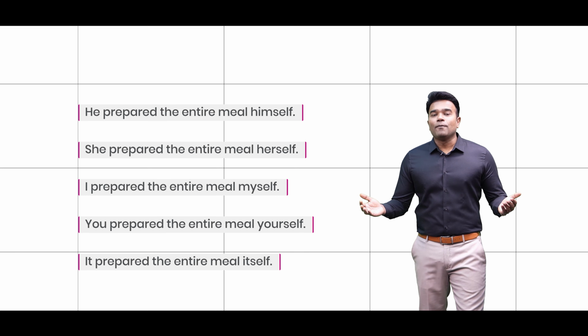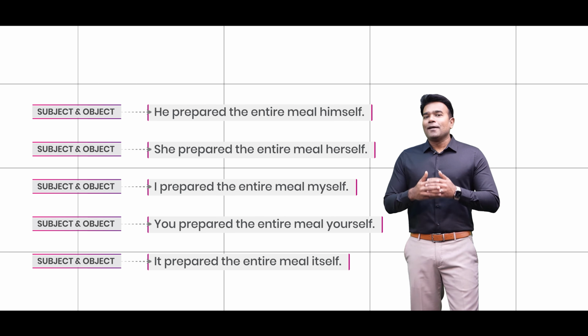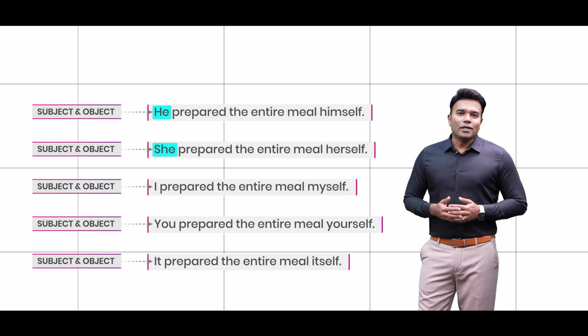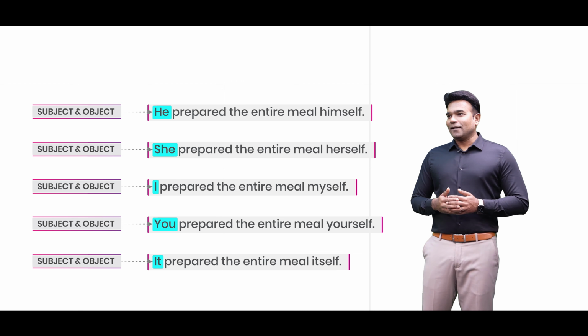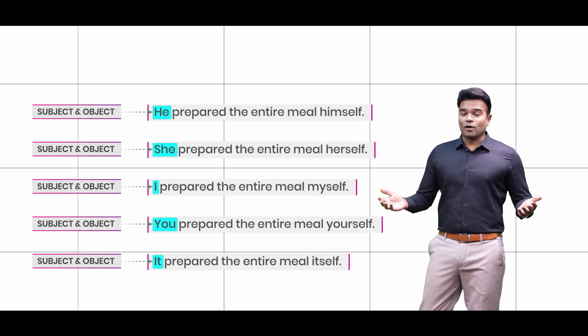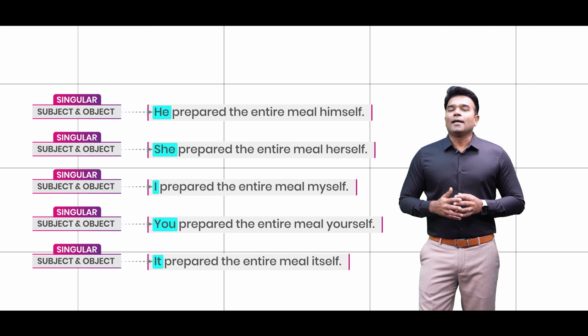Well, in all of these sentences, you can notice that the subject and the object of the sentence happen to be the same. What I mean to say is that he, she, I, you, it in all of these sentences happen to be the subject as well as the object, but then I'm sure you can notice that they happen to be singular in nature.